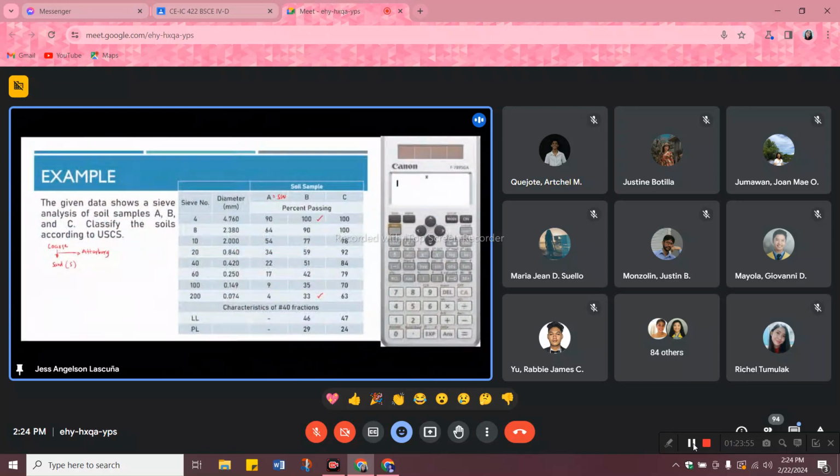Here we are given PL and LL, so let's first determine the PI. PI equals 46 minus 29, which is 17.